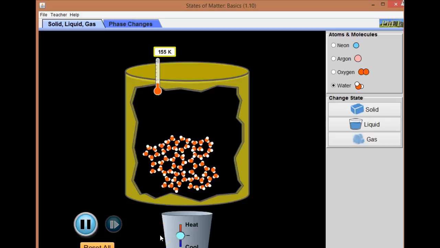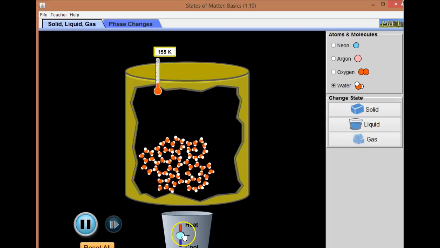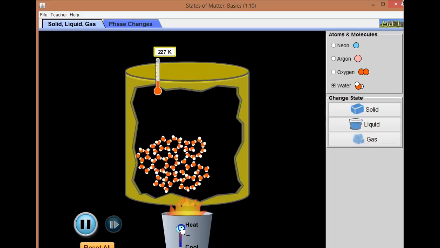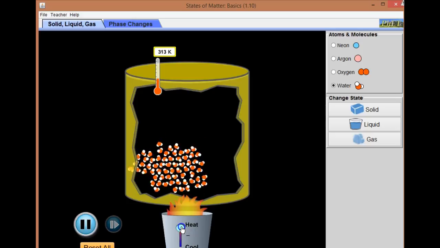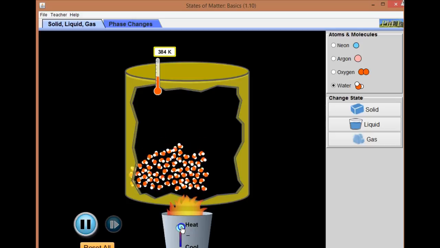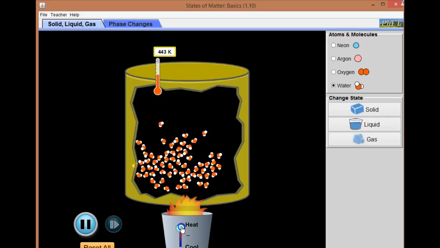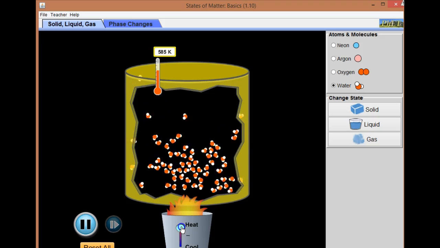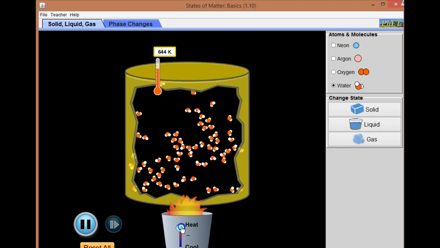If I add heat to this, what's going to happen to the movement of the particles? Okay, so you can see that they are moving faster. And now eventually, do you see what kind of motion they have now? They're not just vibrating anymore.